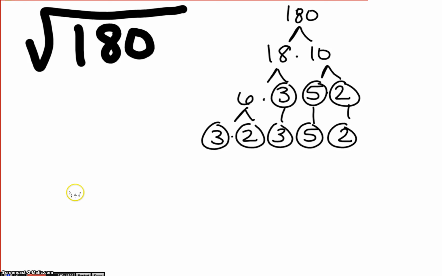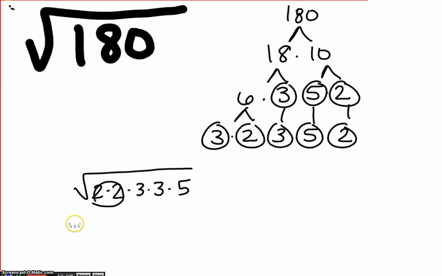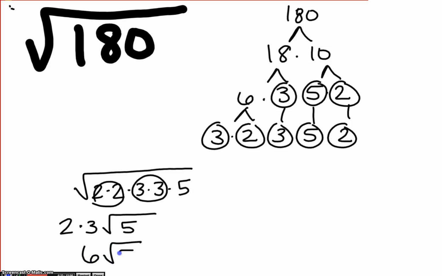Now we are going to have the square root of 2 times 2 times 3 times 3 times 5. This is a perfect square, so I can pull it out. This is a perfect square, so I can pull it out and leave the 5 underneath. So 2 times 3 equals 6 square root of 5. And this is your simplified version of the square root of 180.